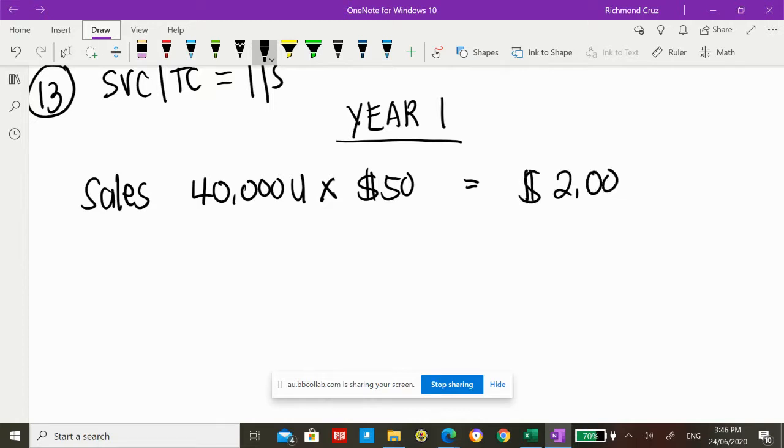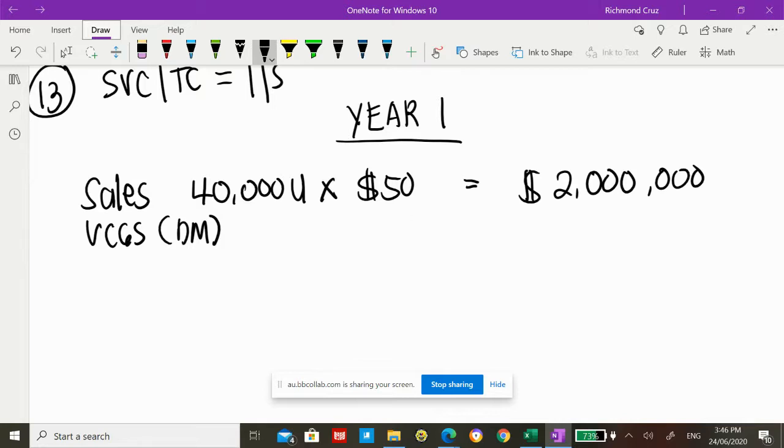So we have $2 million. Now we need to compute for the, take note, this is variable costing. So we are following the same format as we have discussed with the regular variable costing method. So we have variable cost of goods sold, and this variable cost of goods sold will only include direct materials. And since this is variable cost, remember the behavior of variable cost is constant per unit.